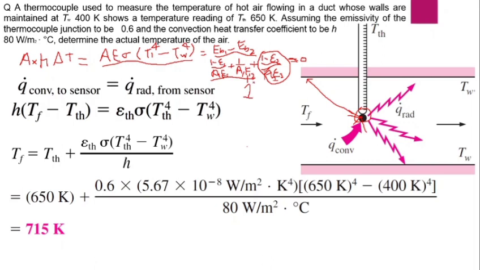So we are left with the expression 1 minus epsilon 1 divided by A1 into epsilon 1 plus 1 divided by A, because this F will become equal to 1. When we solve it, the final expression is EB1 minus EB2 divided by 1 divided by A into epsilon.